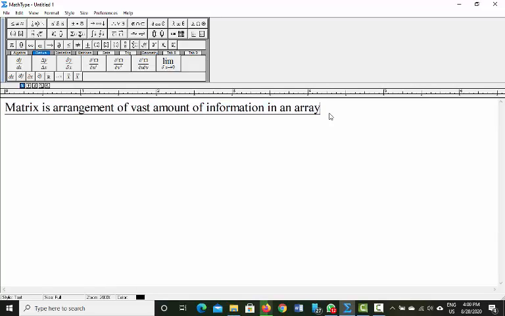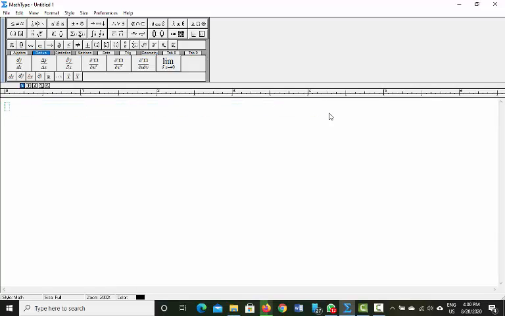Right. So now, a matrix is denoted inside a bracket. So for example, this is a matrix. It can be written inside a bracket, or it can be written inside a parenthesis as well.